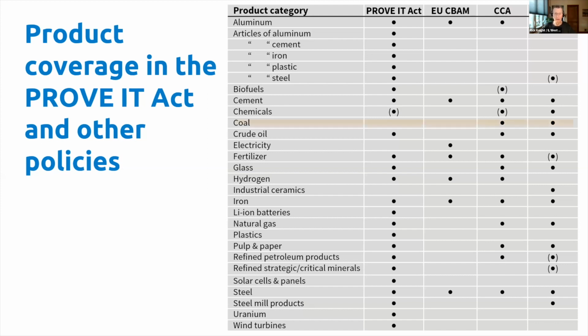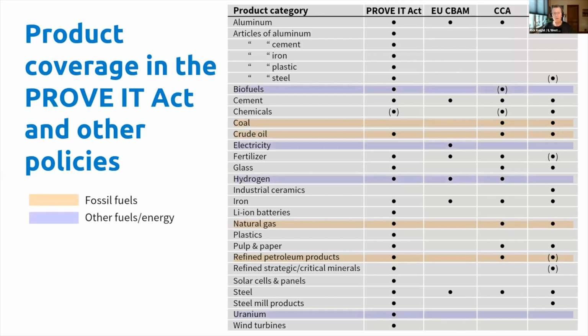So here I just want to highlight some specific things where fossil fuels are covered. Not at all in the EU version, but in all the US legislative proposals, fossil fuels are addressed in the CBAM proposals. Curiously, the Prove It Act doesn't include coal, but I'm guessing that may have just been an oversight in drafting.